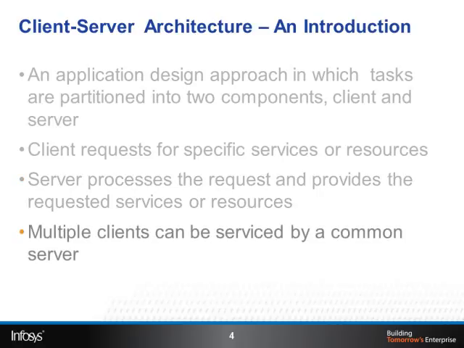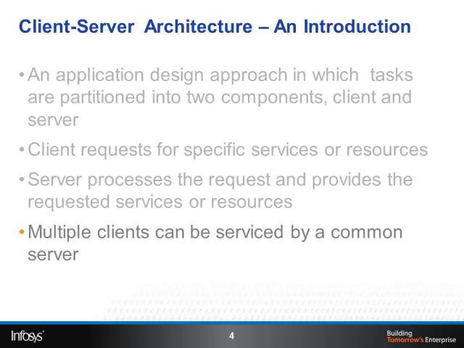The rationale for separating the application into client and server components is that the server component of the application contains functionality that is commonly required by multiple users or clients, and it is not efficient to duplicate this functionality.